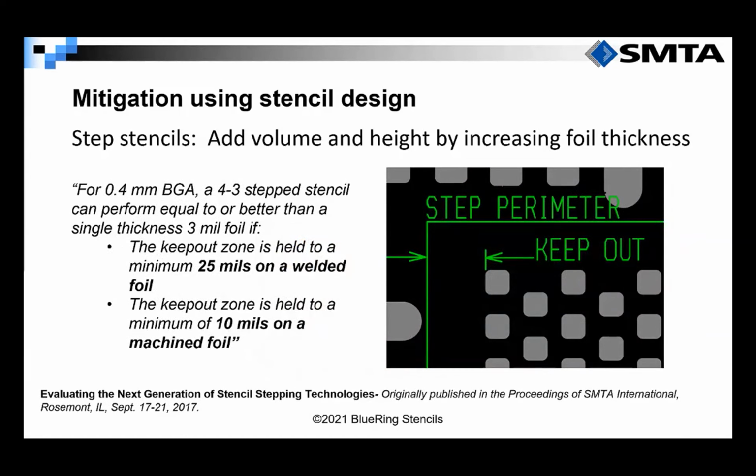We call this the keep out zone. And with micro machined steps, we could get the same results with only a 10 mil keep out zone. So both of these technologies provide great results, but when needed, the micro machining process could be used when the keep out zone is down to 10 mils, providing more options when designing stencils in this world of miniaturization.